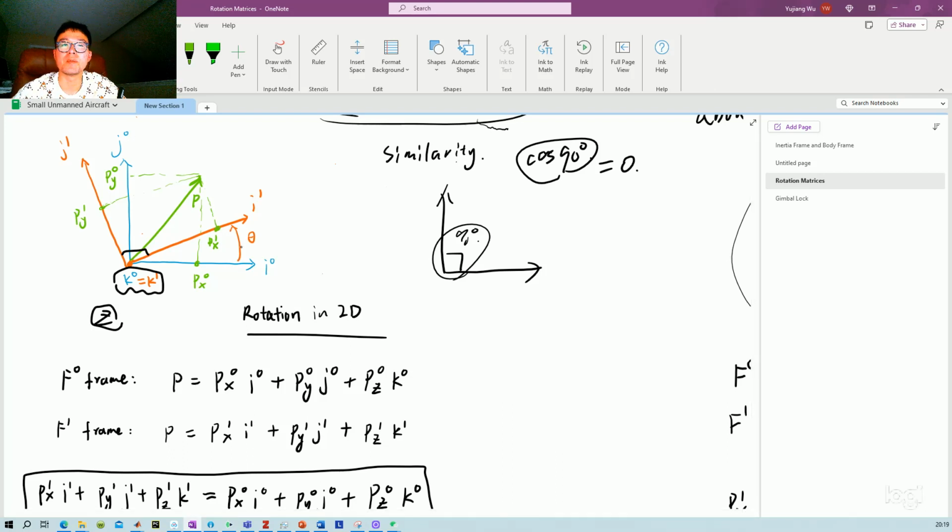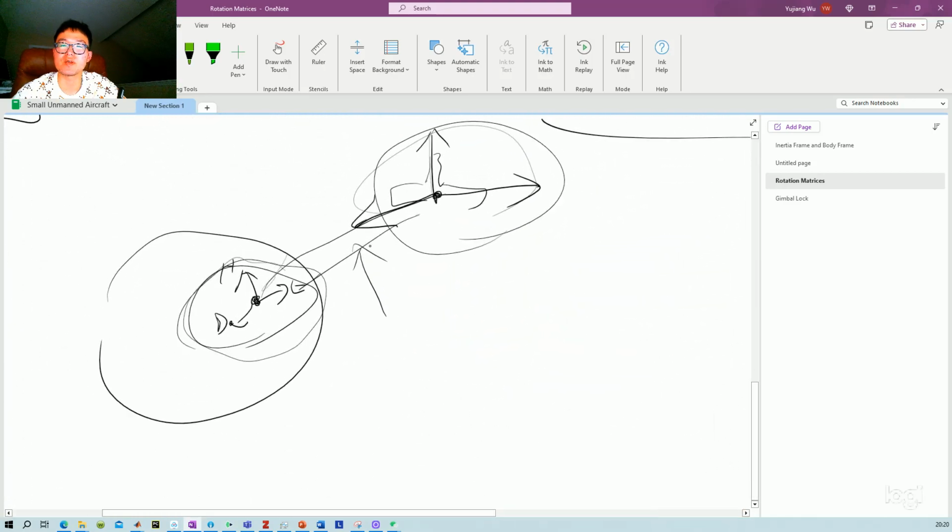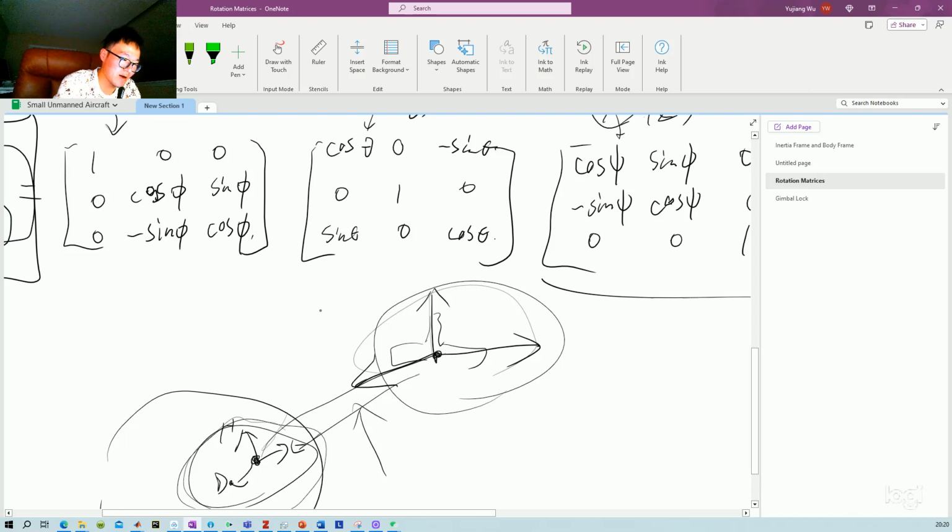Frame 1 rotates against frame 0 by theta, and similarly, in terms of the north-east-down frame, we defined our so-called yaw angle as the angle between your body frame and your north.